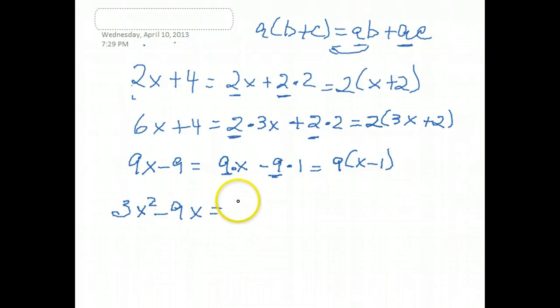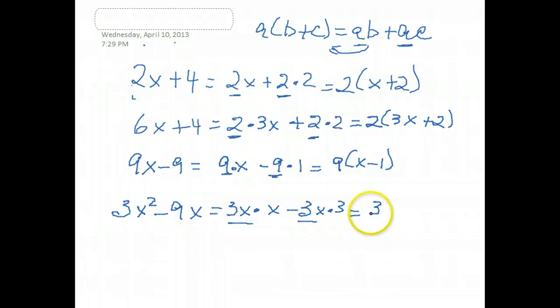Therefore, 3x is my common factor, because I could rewrite this as 3x times x minus 3x times 3, right? So 3x is my common factor, and therefore this is equal to 3x times (x minus 3).